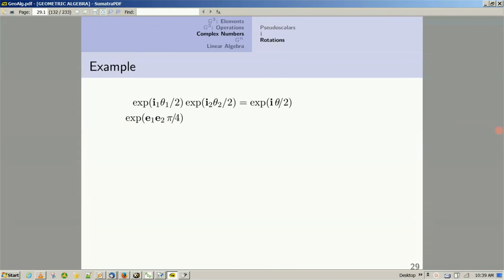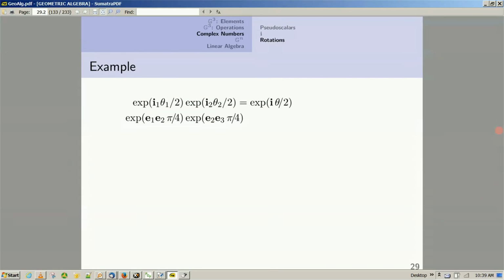This is a rotation in the xy plane, e1 e2 being the unit pseudoscalar of that plane. The scalar angle of rotation is 90 degrees, pi over 4 being half of that. I'll follow the rotation with a rotation in the yz plane, again, of 90 degrees.